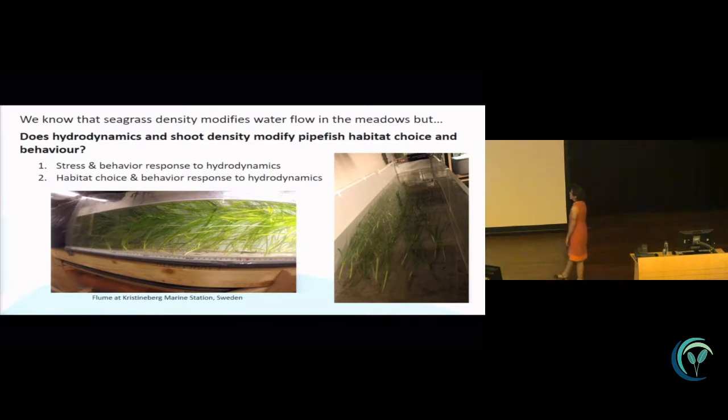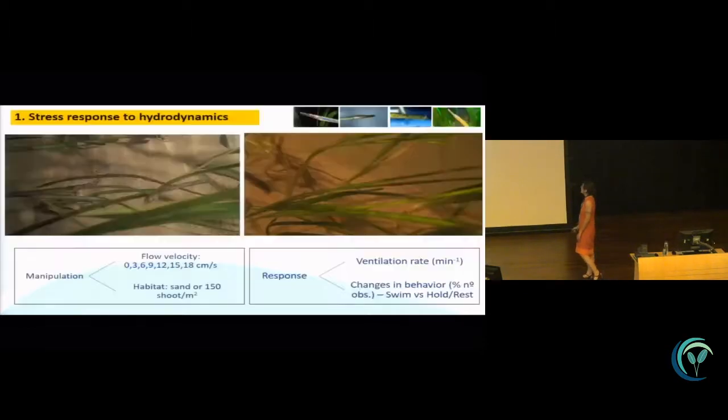To do so, we used the flume facility at Kristineberg Marine Station in the Sven Lovén Centre associated with Gothenburg University. This flume measures 8 meters by 50 centimeters wide, and it allows us to manipulate the flow velocities and the substrate at the bottom of the flume.